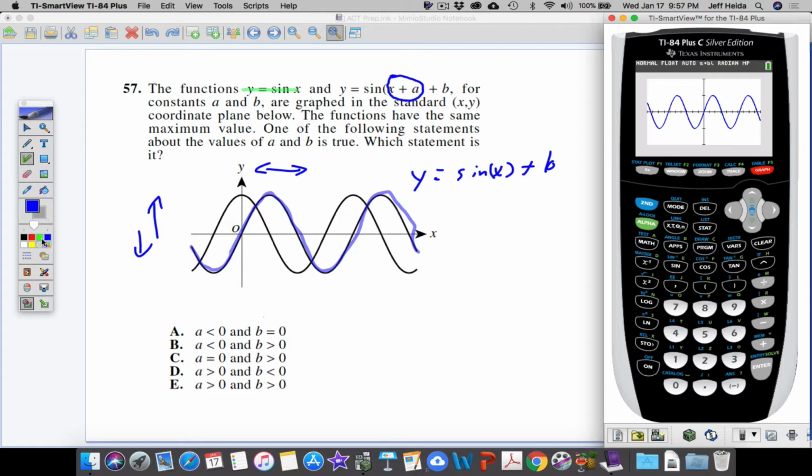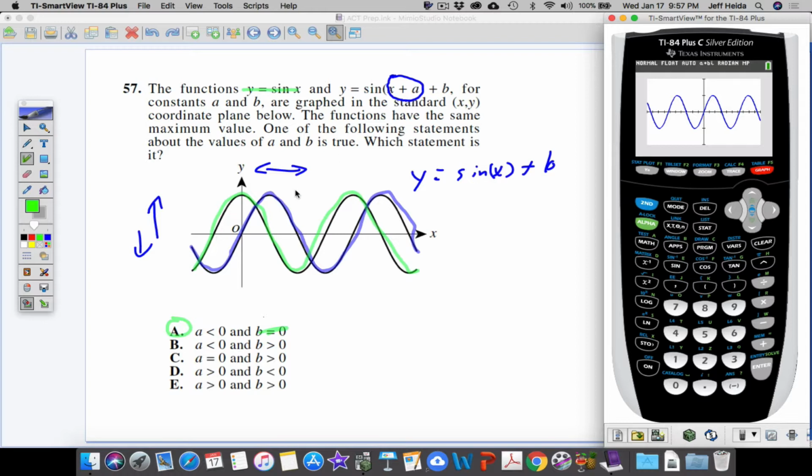So the second function is not shifted up or down. It is shifted left and right, but it's not shifted up and down. So b has to be 0. So this is the only possible answer.